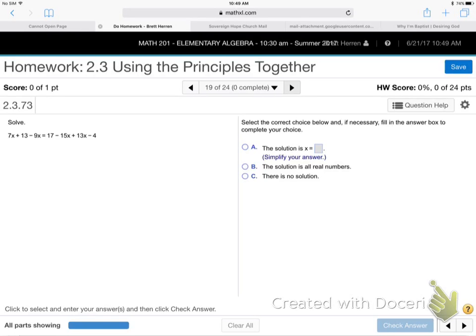All right, let's try number 19 here. So 7x plus 13 minus 9x equals 17 minus... ooh, I'm running out of room. These are so long. Better back up a little bit. Okay, 7x plus 13 minus 9x equals 17 minus 15x plus 13x minus 4.